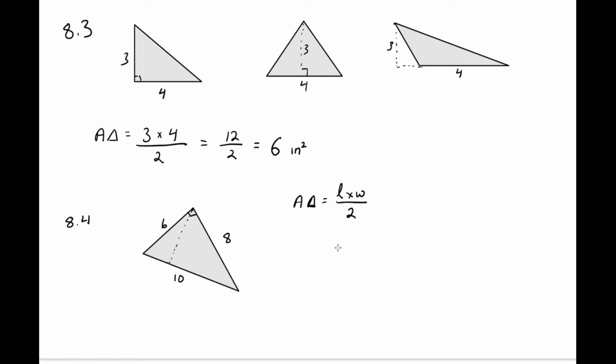So that means that we're going to say 6 times 8 divided by 2, which is going to be 48 divided by 2, which equals 24. And the dimensions are in feet, so it's 24 feet squared.